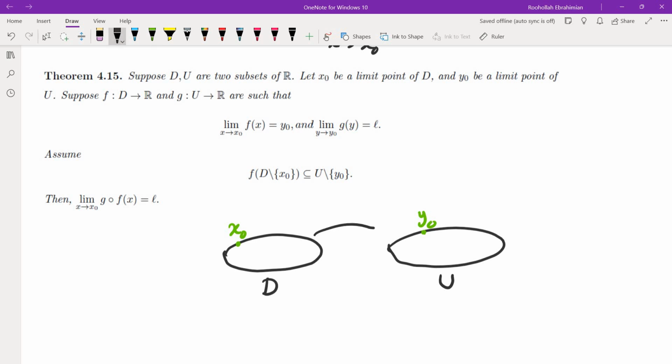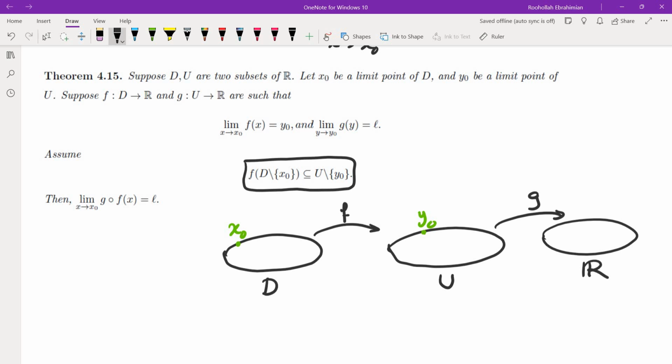f goes from D to R and g goes from U to R. However, what I also know is that f of D minus x naught goes into U minus y naught. And the reason I need that assumption is that I need to be able to look at the composition g of f.